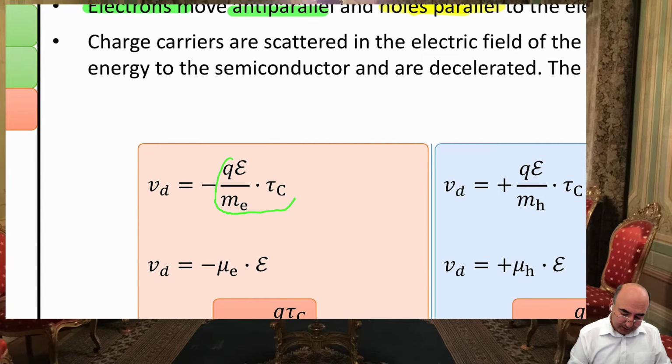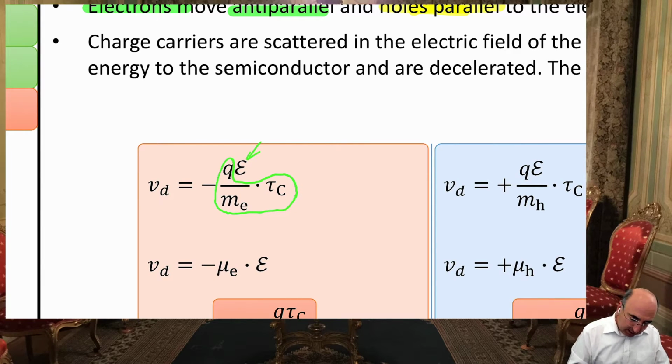Due to the fact that it is matter, a crystal, we also have the mean time between collisions. We have this area. This is physically defined. The only value you can manipulate is the voltage you apply. This is the electric field.